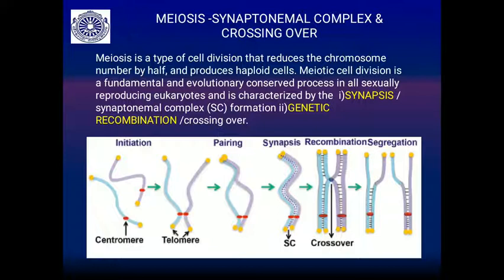One is synapsis, or homologous chromosome pairing, or the formation of the synaptonemal complex between them. Another process is genetic recombination, or crossing over.